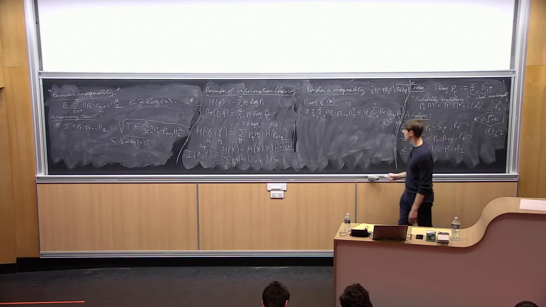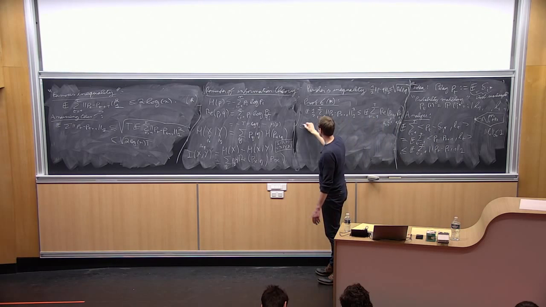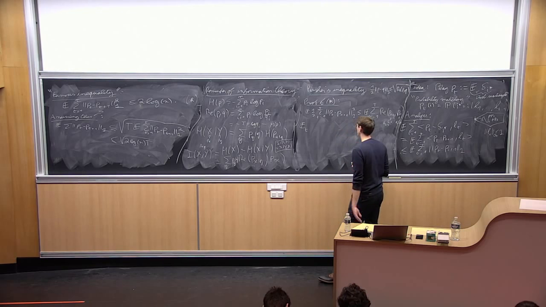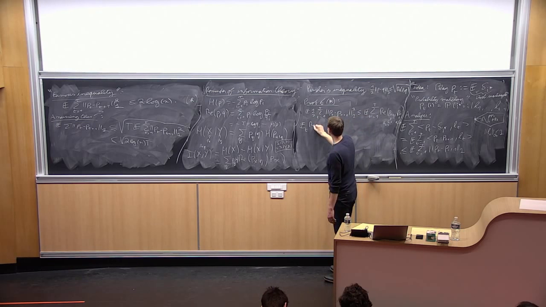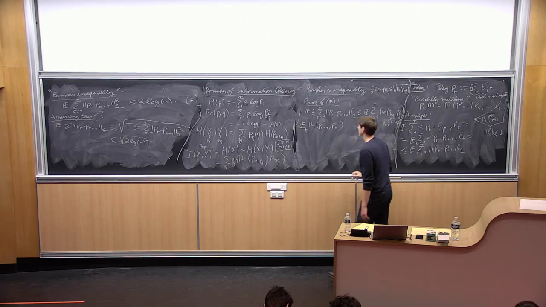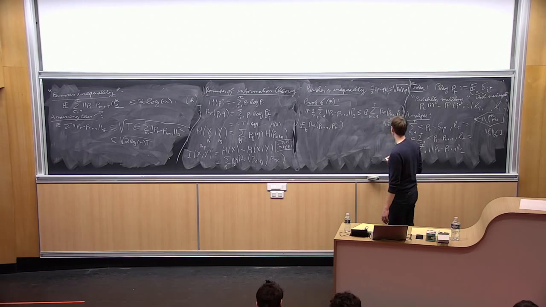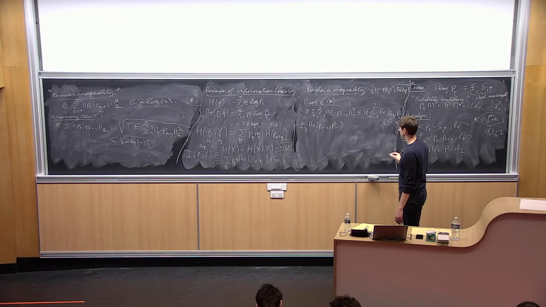So let's see that. The expectation, conditionally on everything up to time t, of the relative entropy between pt plus 1 and pt. Let me write p I star t.